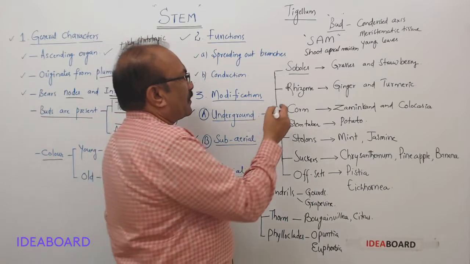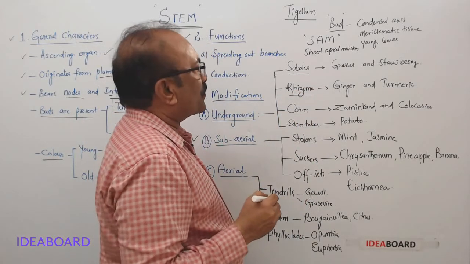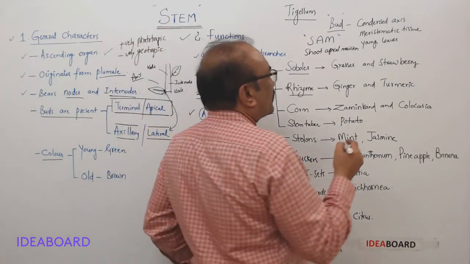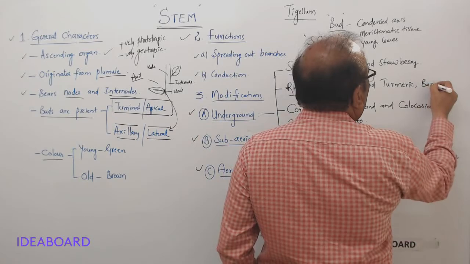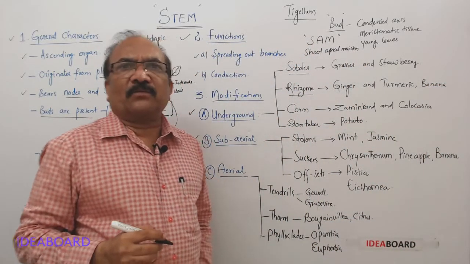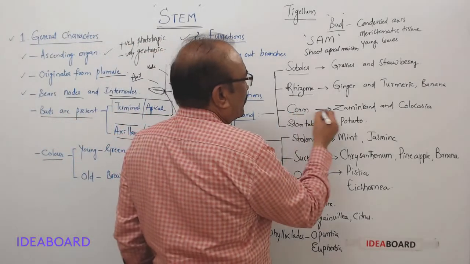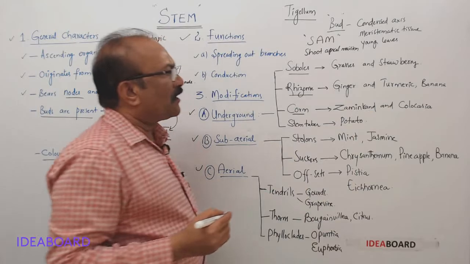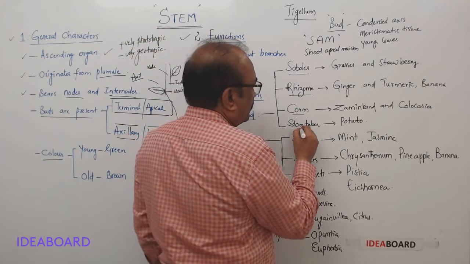And you will find another underground stem modification, that is rhizome. Rhizomes are present in ginger and turmeric. But of course, I am adding one more example here, but don't get confused. We discussed that the banana plant also has a rhizome. And a corn, and the examples are Zamikand and Colocasia, and the stem tuber.